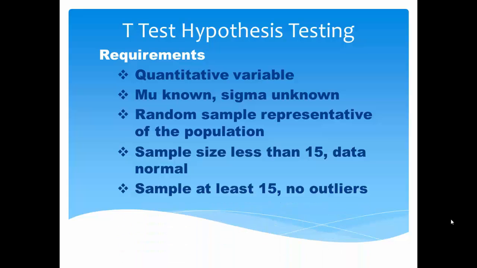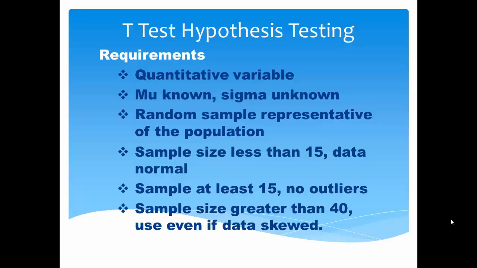If my sample size is at least 15, I can use the t-test if my data is not normally distributed, but I cannot have any outliers. And again, we would be able to see this from a stem plot or from a histogram.